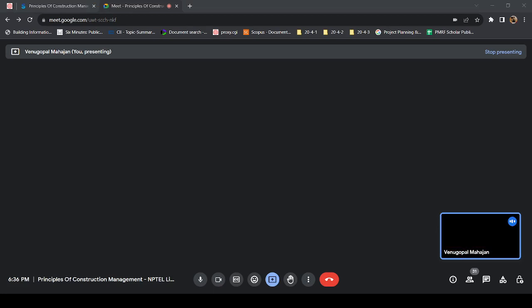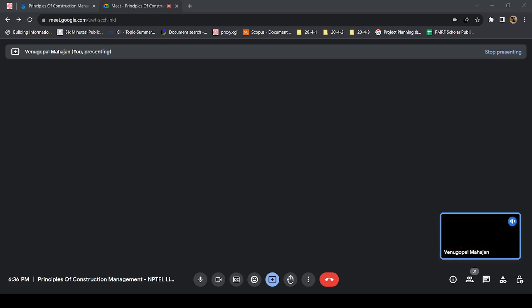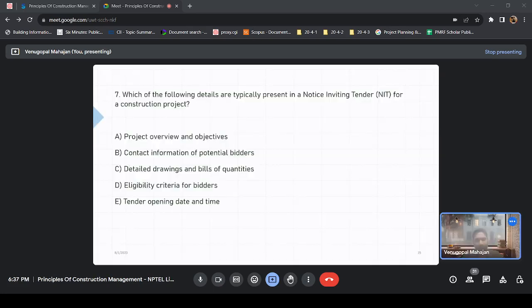Okay, coming to the next. Again, a similar question. Which of the following details are typically present in a NIT for a construction project? E. Okay, E is there.